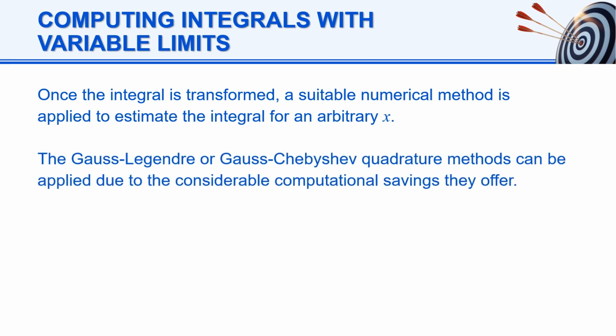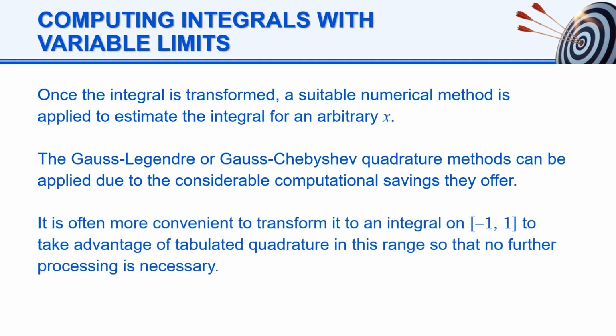The Gauss-Legendre or Gauss-Chebyshev quadrature methods can be applied due to the considerable computational savings they offer. It is often more convenient to transform it to an integral from -1 to 1 to take advantage of tabulated quadrature in this range so that no further processing is necessary.